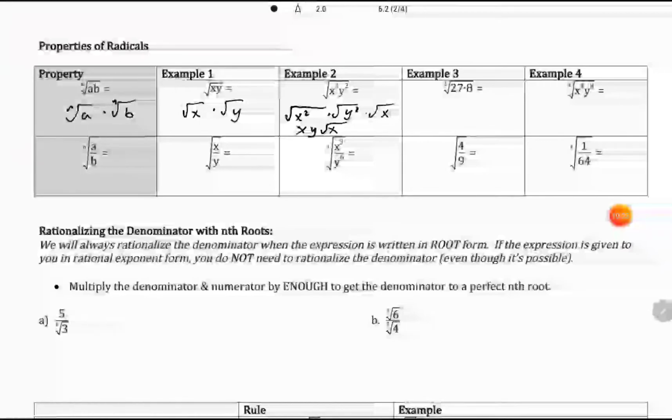Gotta be careful, because now we're dealing with cube roots. This is the cube root of 27 times the cube root of 8, and that's 3 times 2, which is 6. Next. The fourth root of x to the fourth and y to the eighth.